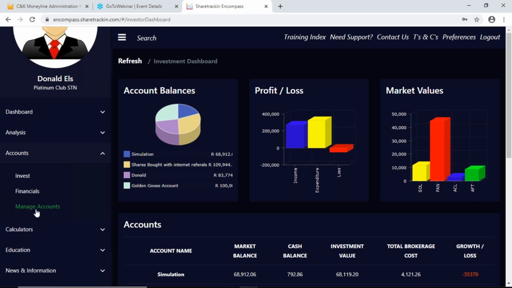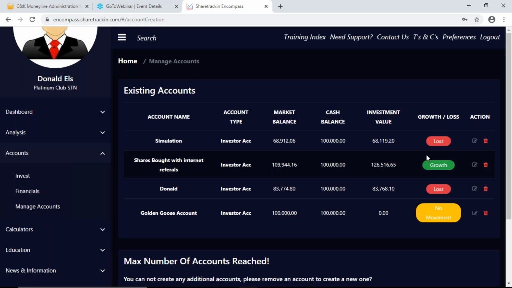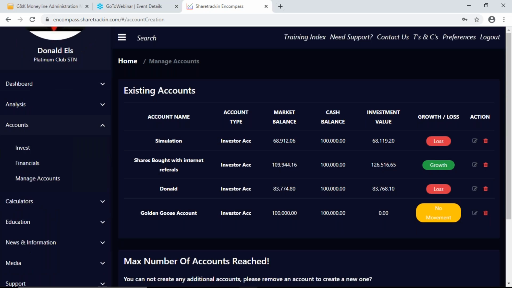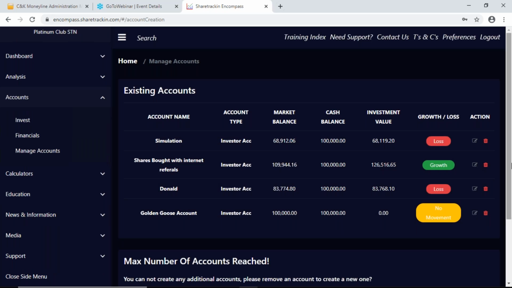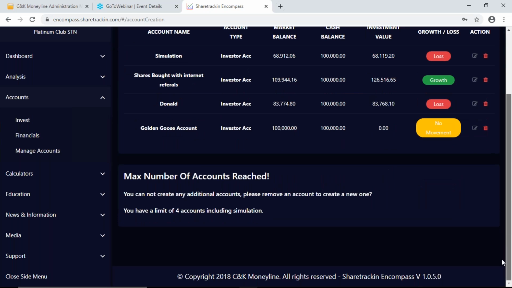So we go to accounts, manage accounts. Okay, this is also the maximum amount of accounts reached. Okay, but if you go to accounts, manage accounts, it will tell you here that maximum number of account.